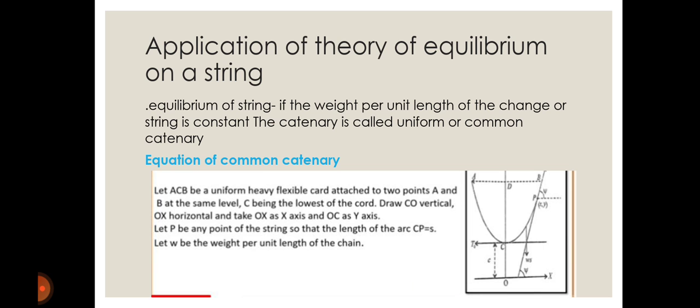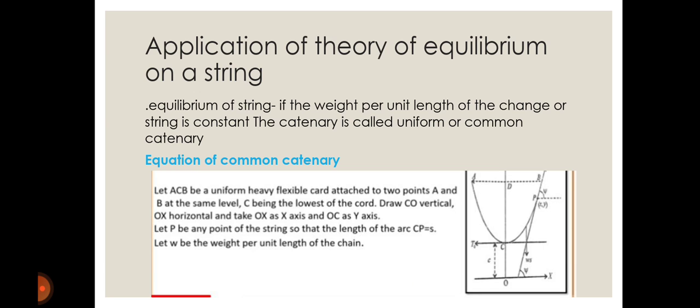Application of the theory of equilibrium on a string. Equilibrium of a string: if the weight per unit length of the chain or string is constant, the catenary is called the uniform or common catenary. Equation of common catenary. We can see this figure and let's check.